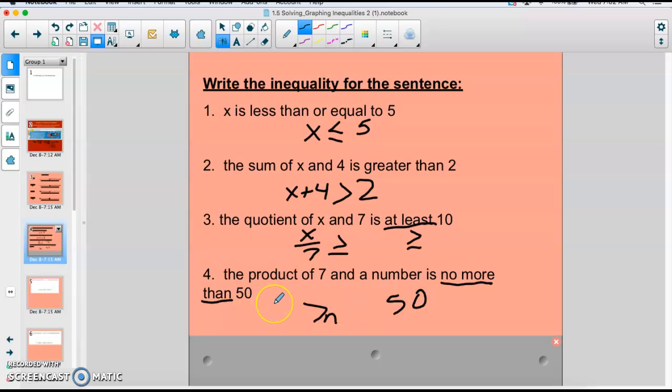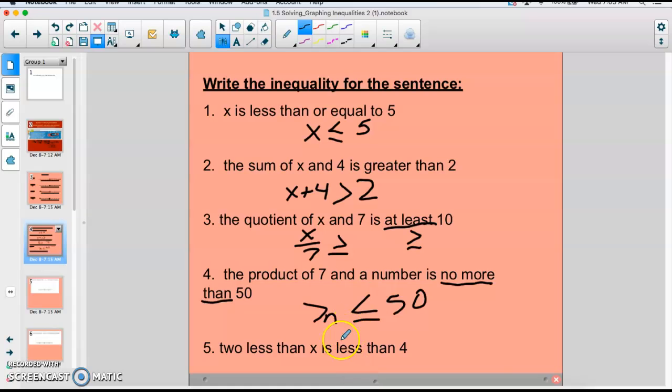Now, no more than, if you have no more than $50 in your wallet, you could have $50, but you can't have 51. You could have 49, you could have 2, you could have 50. You just can't have anything bigger than 50. And so this number has to be less than or equal to 50.